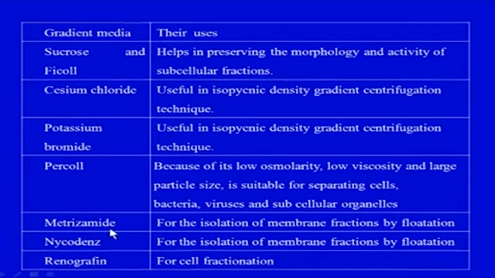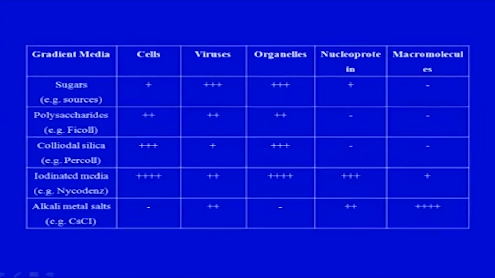Then metrizamide is used for the isolation of membrane fractions by flotation. Nycodenz is also for the isolation of membrane fractions by flotation, and then Renografin for cell fractionation. So, there are many more gradient materials and they have different applications.